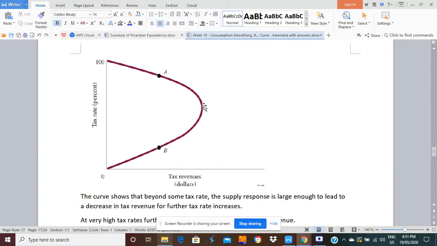And if the tax rate is too high, the tax from each person may be big, but the number of people is decreasing, and therefore tax revenue will be decreasing. And if the tax rate is 100%, it means whatever you earn, the government takes. Of course, in this case, no one will pay any taxes. That's why the tax revenue will be zero as well.